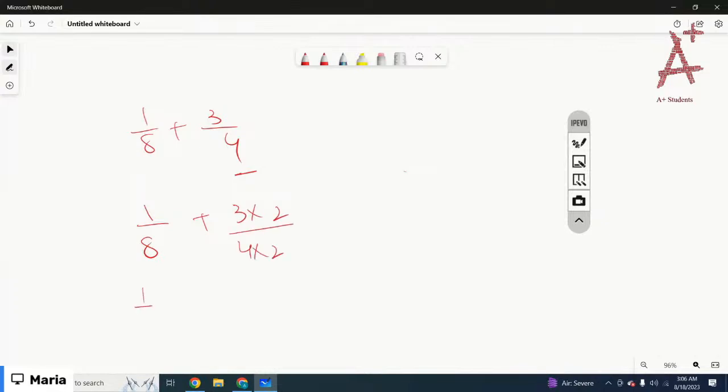So you have 1 over 8, 3 times 2 is 6 and 4 times 2 is 8, right? So they have the same denominators, just add their numerators. So 1 plus 6 is 7. So it would be 7 over 8. The correct option is 7 over 8.